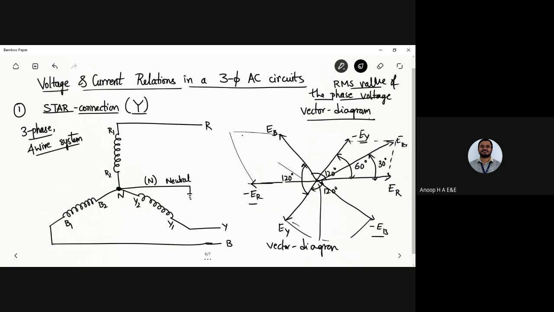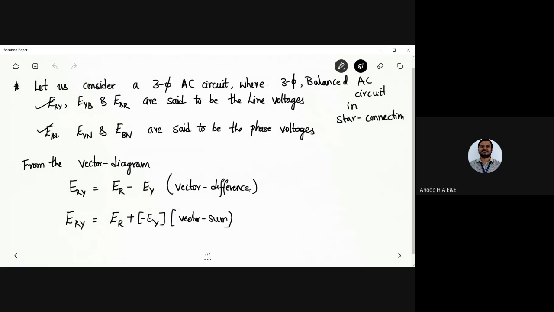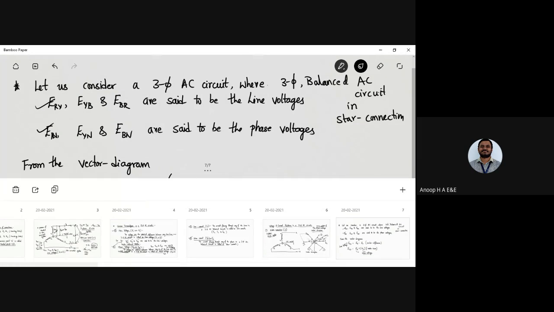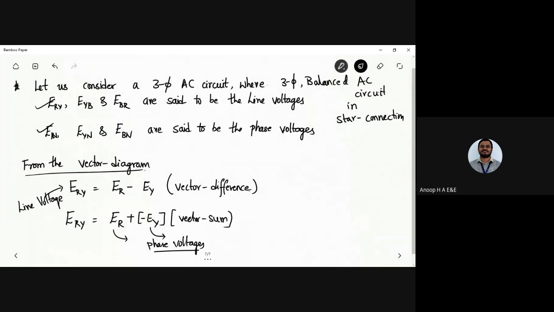I want to establish a relationship between the line voltage and the phase voltage here. This one is the line voltage, and these two are the phase voltages. From the vector diagram it is clear that we have both vector difference and vector sum.